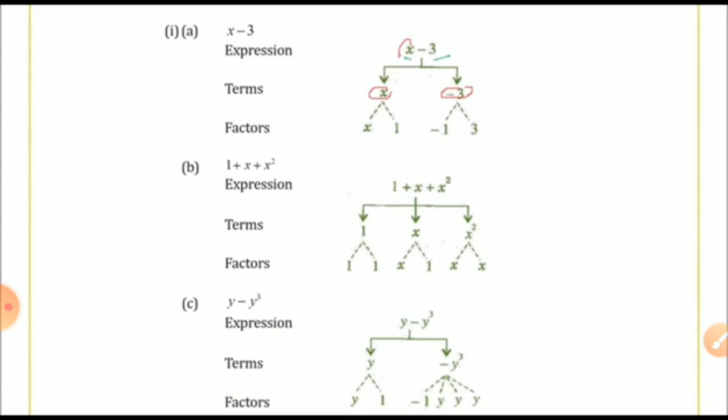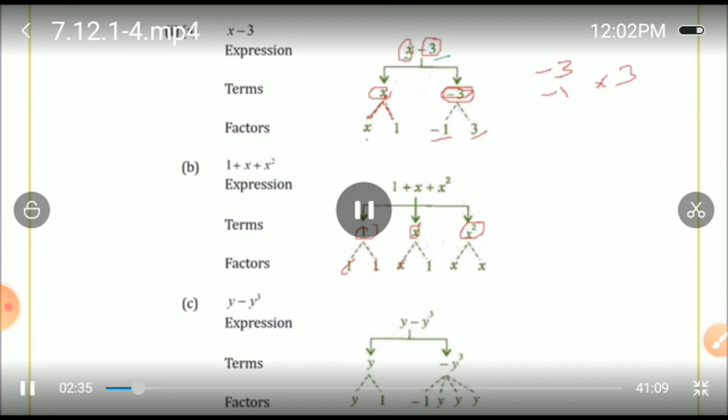x into 1, but we are writing just x, we don't need to write 1. So 1 we are not writing for anyone, I am writing it only for showing, but whenever you are showing minus 1, minus y cube has the 4 factors: minus 1, y, y and y, isn't it? Clear? So here you can find the terms.